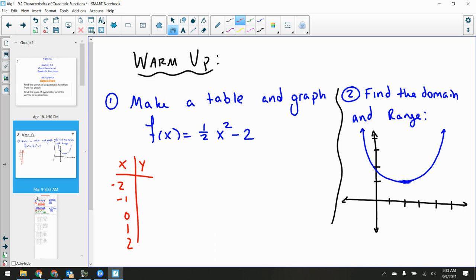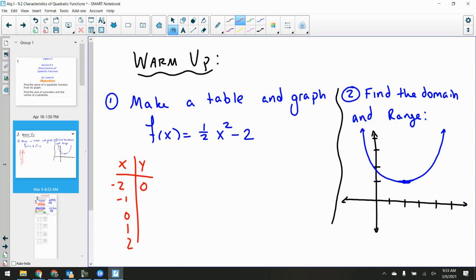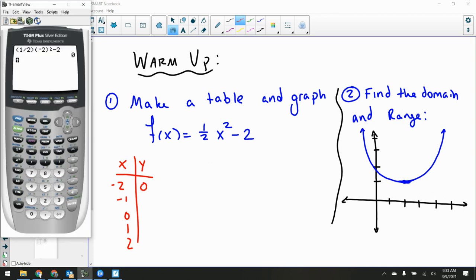Usually they do work. Now, remember, let's plug in. We've got 1/2, I'm going to put it in parentheses, and then -2. That must be in parentheses, and make sure you square outside of the parentheses -2. So we get 0. Let's do the same thing, but now let's plug in -1.